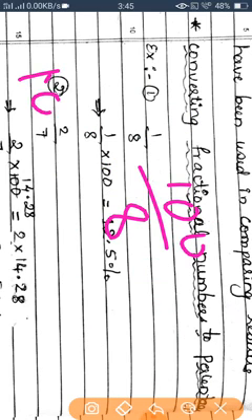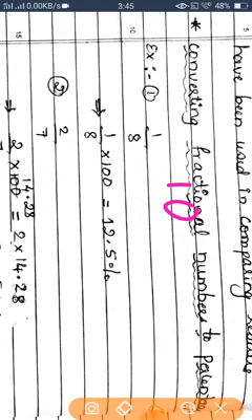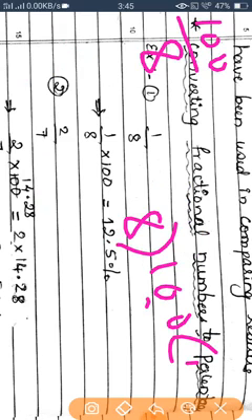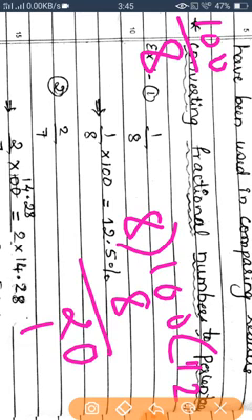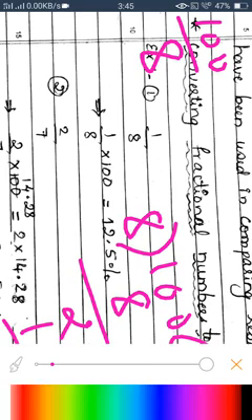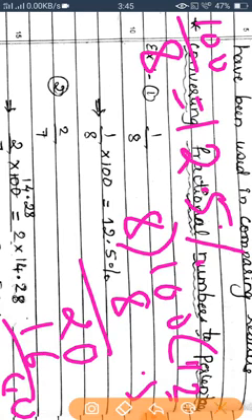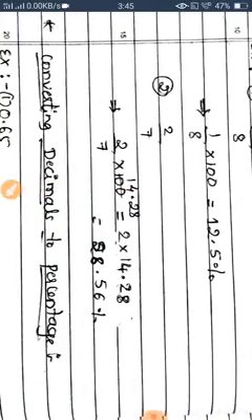So division, you know the rule, divide it. 100 divided by 8: 8 ones are 8, 2 remain, 0; 8 twos are 16, 4 remain, so it will not go, keep the decimal, and 8 fives are 40, so it becomes 12.5. Write it with the percentage symbol. That's all. This is how the conversion takes place.